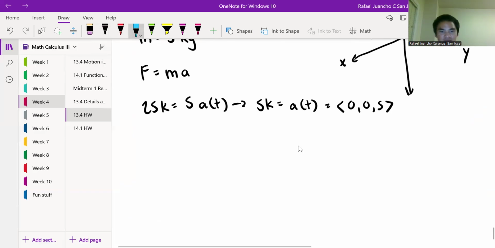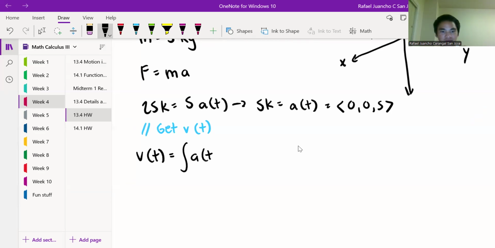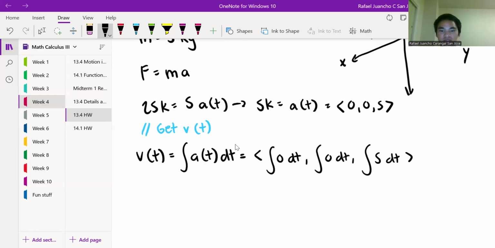I'm going to integrate real quick. So my idea is to get v of t. So I want to integrate my acceleration vector, and so I integrate its components here, right?